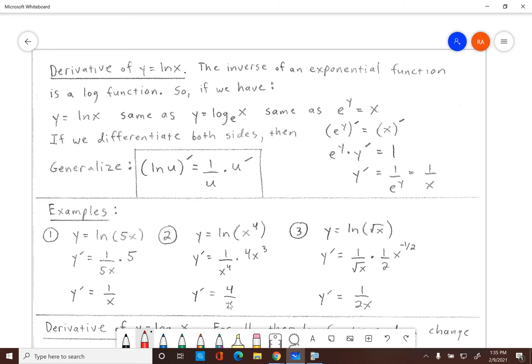What about natural log of square root of x? Not product rule because it's natural log of that square root of x inside. That's a chain rule. So this derivative is 1 over square root of x times the derivative of square root of x. And the derivative of square root of x is 1/2 x to the negative 1/2. You know, the derivative of x to the 1/2 is 1/2 x to the negative 1/2.